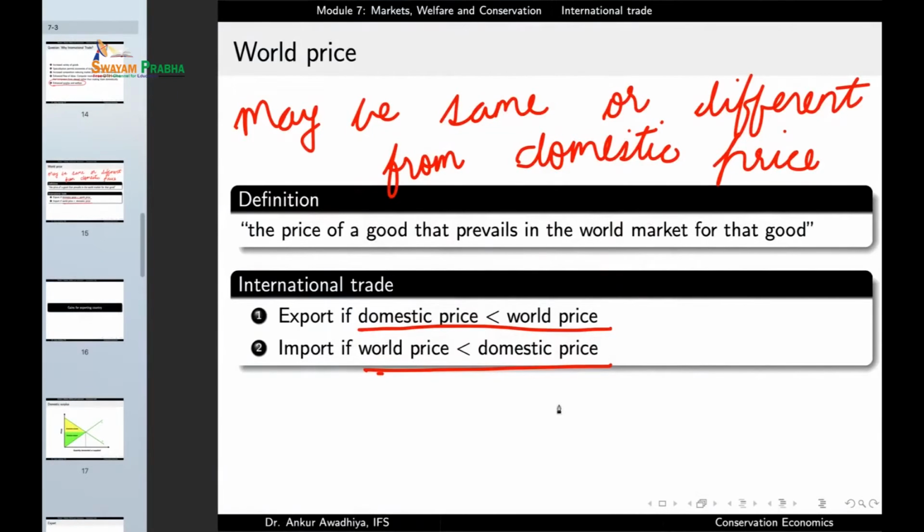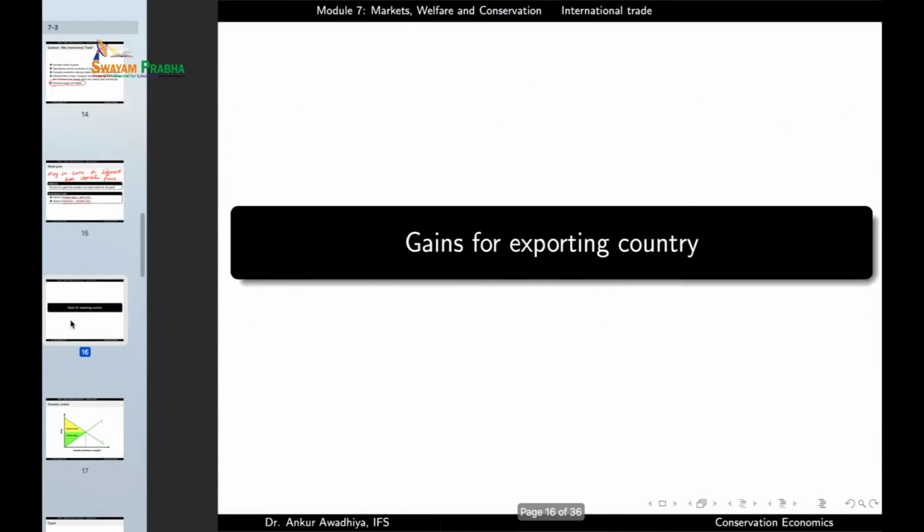So, we will be able to increase the benefit or the surplus of our citizens. So, in that case as well, the international trade makes sense. So let us now explore both of these situations. What are the gains for an exporting country and what are the gains for an importing country?